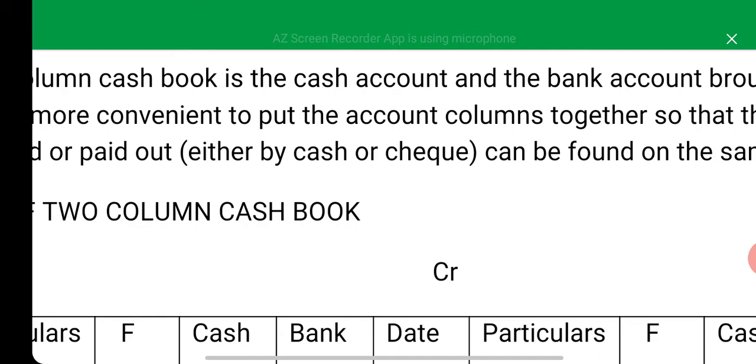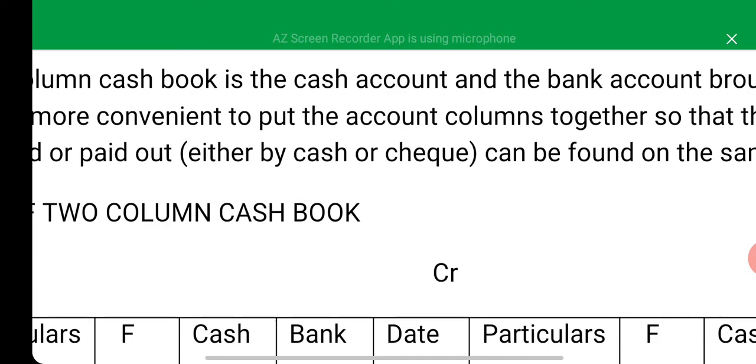When checks are received, they are recorded the way cash received is treated.